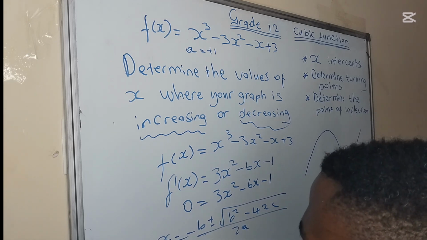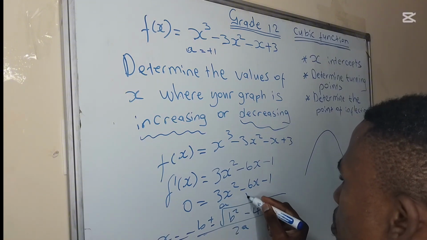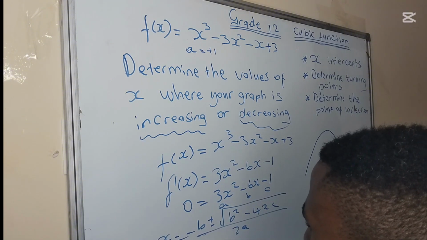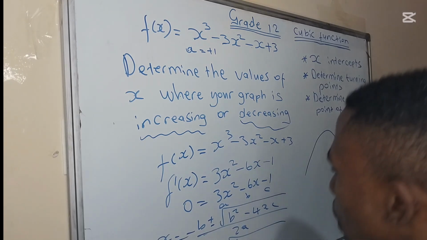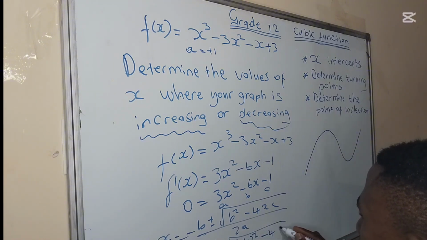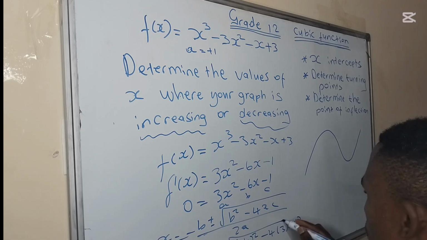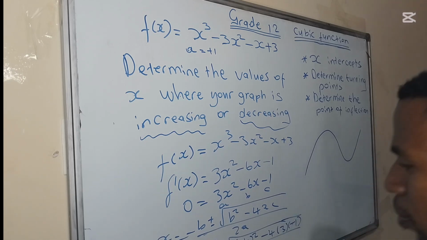We have a, we have b, we also have c. So x is equal to minus b, where b is minus 6, plus or minus the square root of b squared, which is minus 6 all squared, minus 4 times a, where a is 3. What about c? Our c is negative 1. Then all divided by 2 times a.